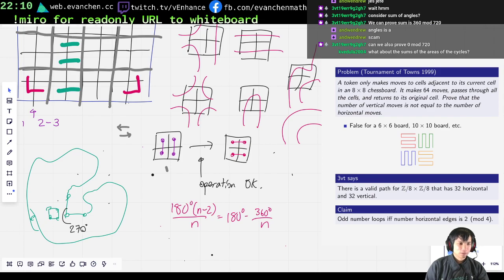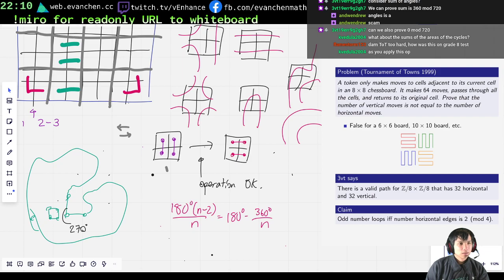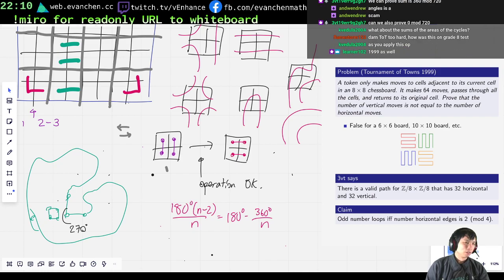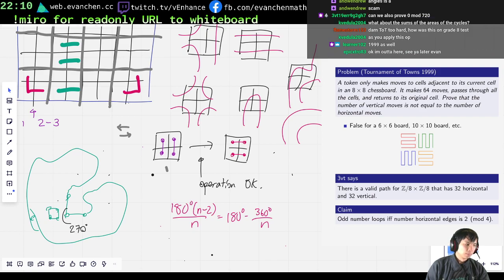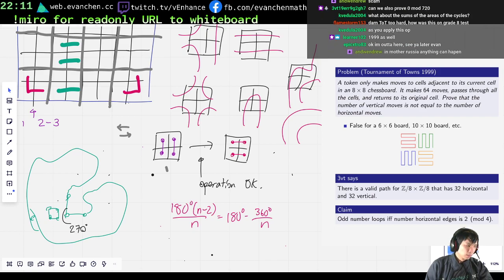Sum of the areas, as you apply this operation. What's the operation is the question I have. What am I trying to do here?